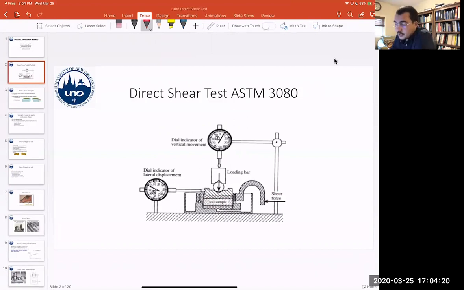While you're doing this test, you are recording a couple of measurements: a vertical measurement to indicate the vertical movement of the soil sample. Will the soil sample compress, or will it dilate, increase in volume, as it's being sheared? You also have a lateral displacement, so you will record the strains in the lateral direction as you're failing the sample.